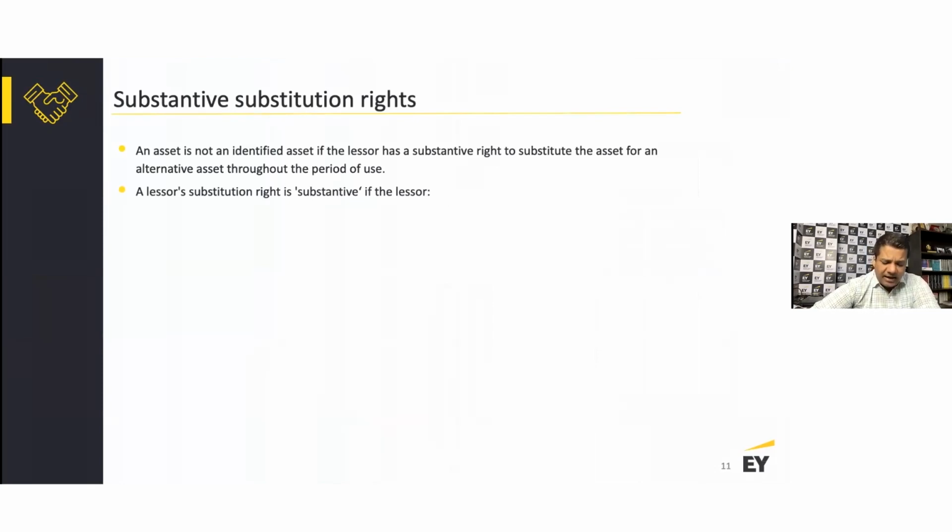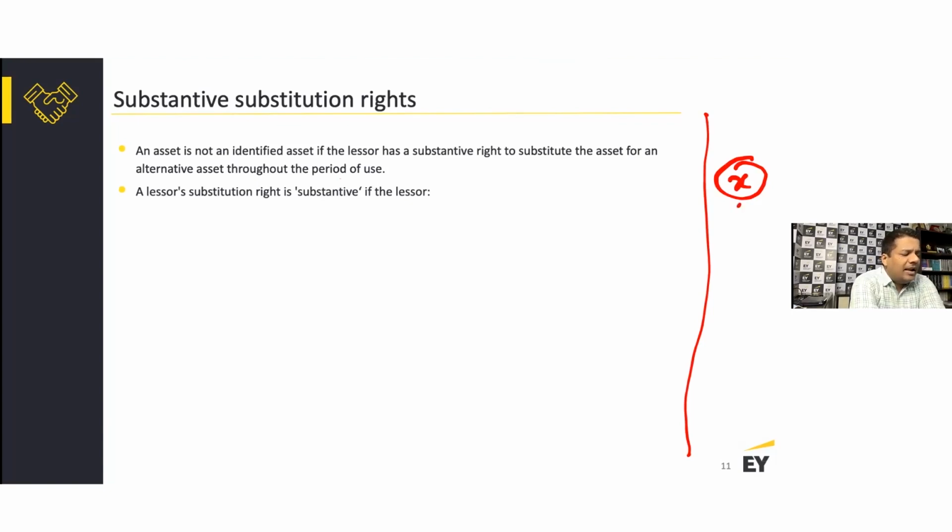It means that if you have taken an asset on lease, say the asset is asset X, okay. Now, if the lessor can replace this X with either A or B or C, for example, right?